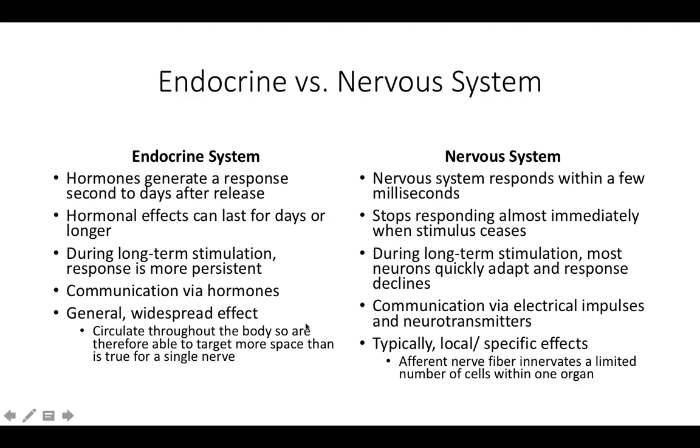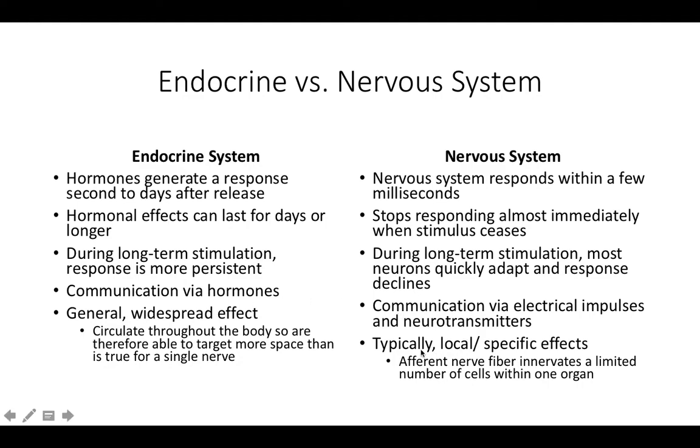And then the last difference that we haven't touched on yet is that the endocrine system provides sort of more general or widespread effects. And we'll talk about this as we talk about growth hormone. You'll see that because some of these hormones circulate through the entire body, they're able to target more space than is true for a single nerve.